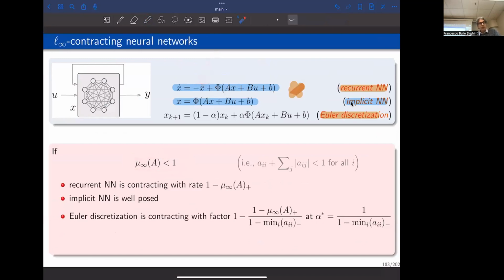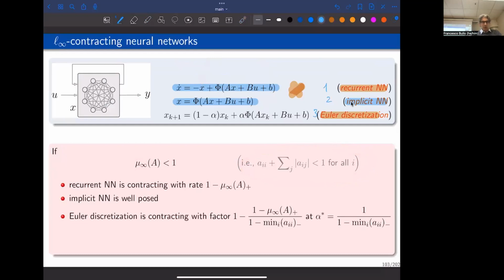So select a synaptic matrix satisfying this graph theoretic property that each neuron has incoming synapses with limited weight. Then, what do you know about these equations 1, 2, and 3?